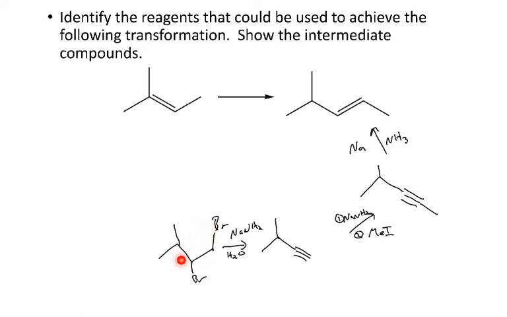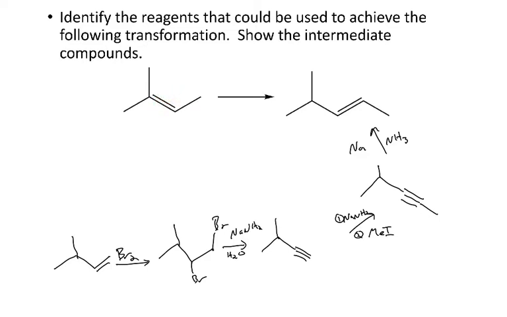And then this alkyl dihalide could have come from this alkene. And so the way I would have gotten between those two would have been with bromination. All right, and so now my task is I've got to move this double bond over.